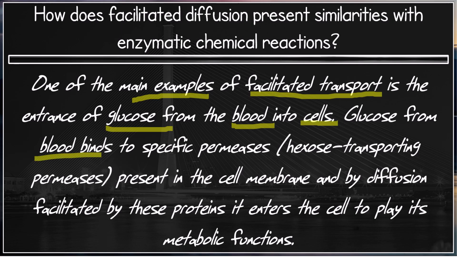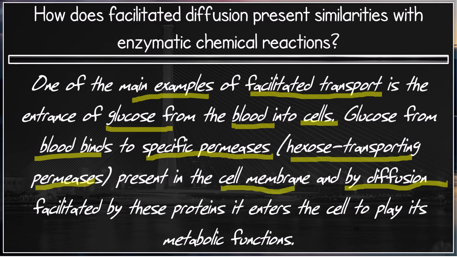Glucose from blood binds to specific permeases, hexose transporting permeases, present in the cell membrane, and by diffusion facilitated by these proteins, it enters the cell to play its metabolic function.